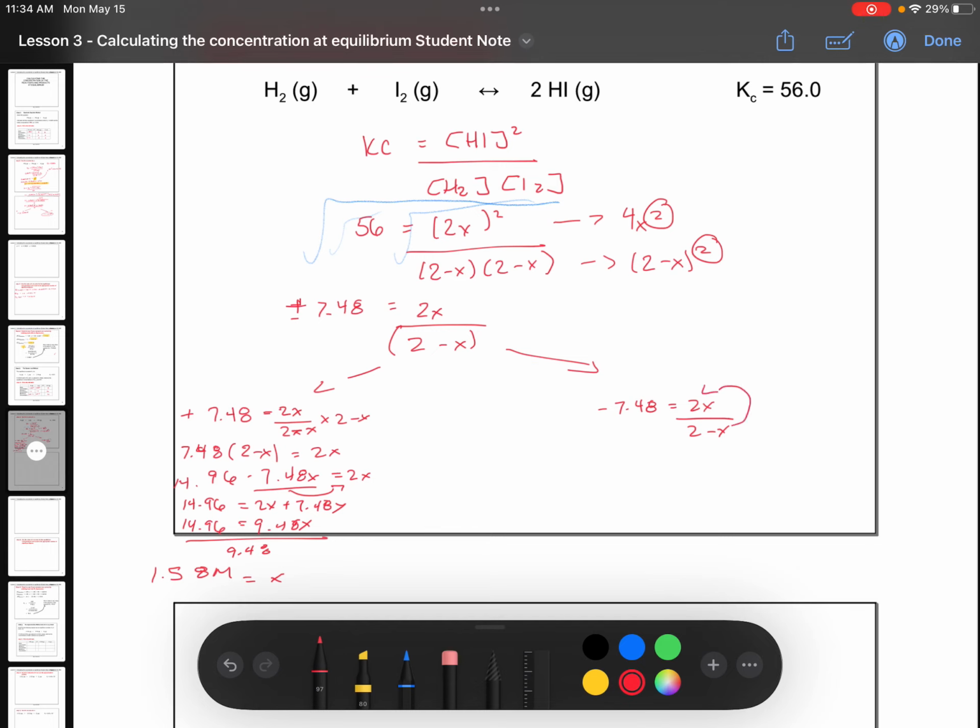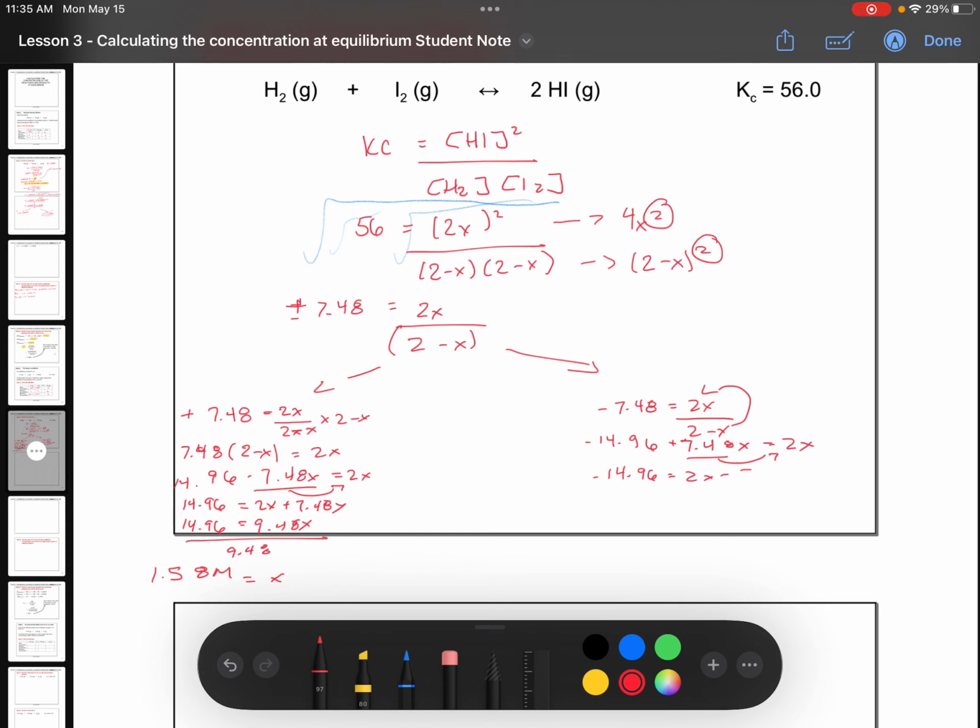It's negative 7.48 equals 2x over 2 minus x. Then we multiply both sides by 2 minus x. We will get negative 14.96 plus 7.48x equals 2x. Move this over, we get negative 14.96 equals 2x minus 7.48x.